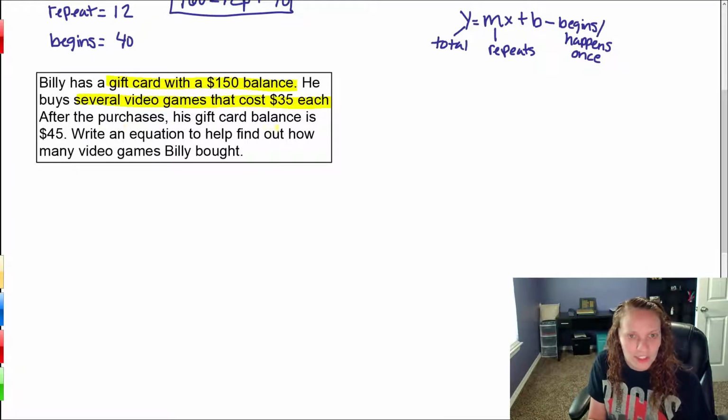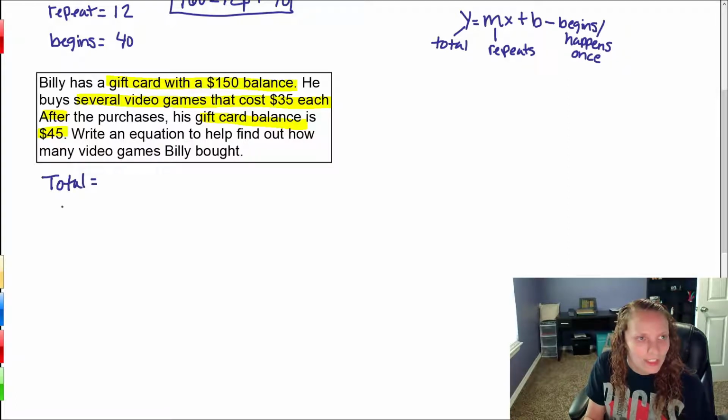After the purchases, his gift card balance is $45, and we're to write an equation to help find out how many video games Billy bought. So again, we need to know the total. We need to know the number that repeats. And then the beginning number or the number that happens once.